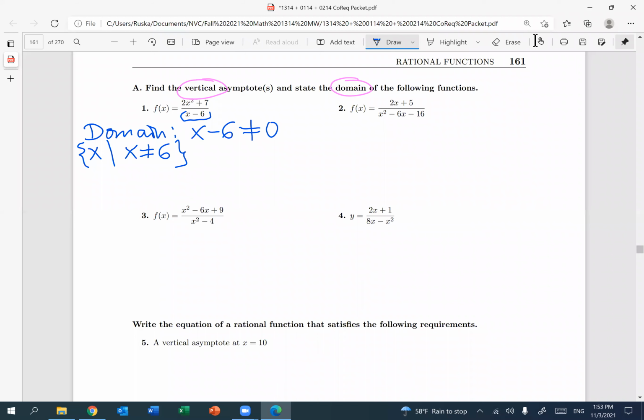And that's exactly the place where you have a vertical asymptote. So the vertical asymptote is going to be the same, but instead of not equal, it's going to be x equals 6. And remember, x equals 6 is the graph of a vertical line, right?